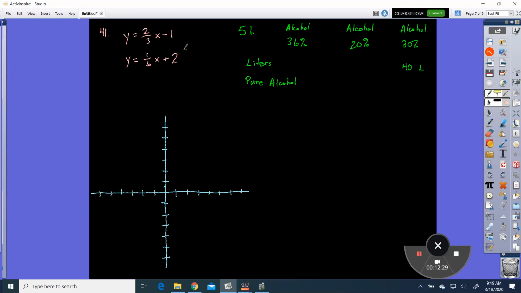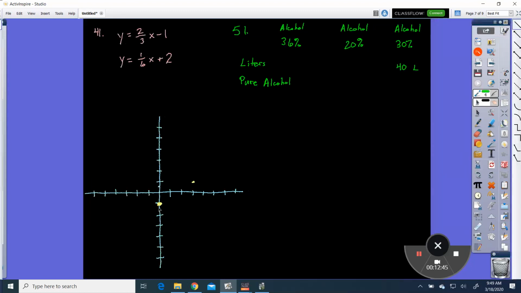It says you can use any method that you like. So I see that these are in y equals form. So you could really just type these in your calculator. I didn't type it in the calculator, I just drew a picture. So I start down here at -1, I go up 2 over 1, 2, 3. Grab my straight edge, connect my line so that it's a good line. So there's that line.